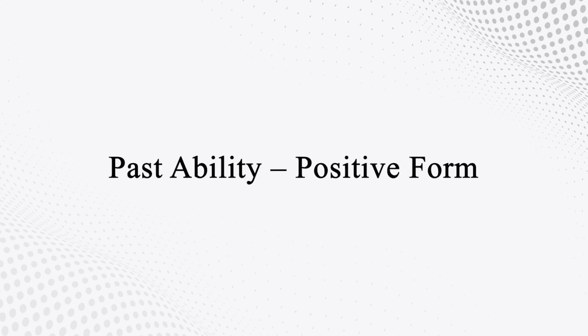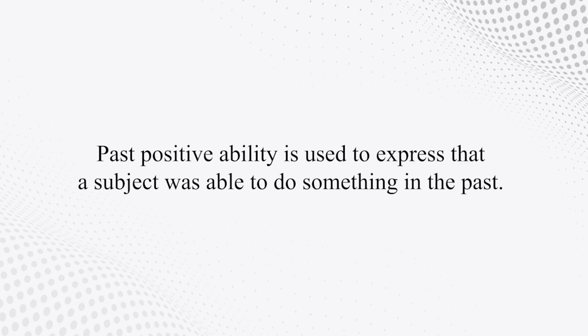Next one, past ability positive form. Past positive ability is used to express that a subject was able to do something in the past. This form indicates that the action was not only possible but was successfully performed.